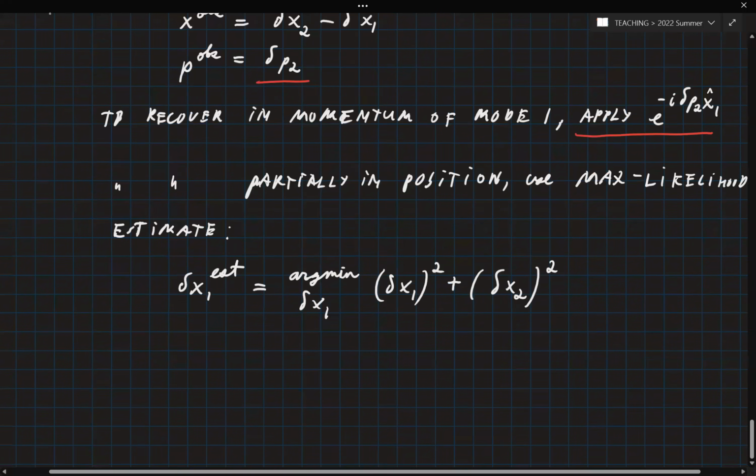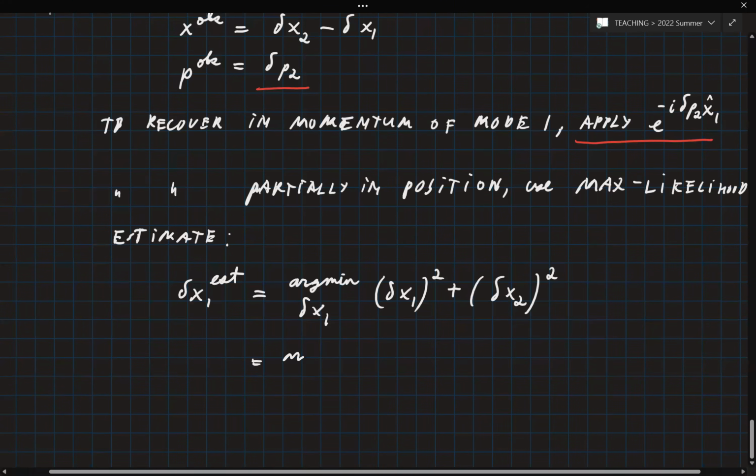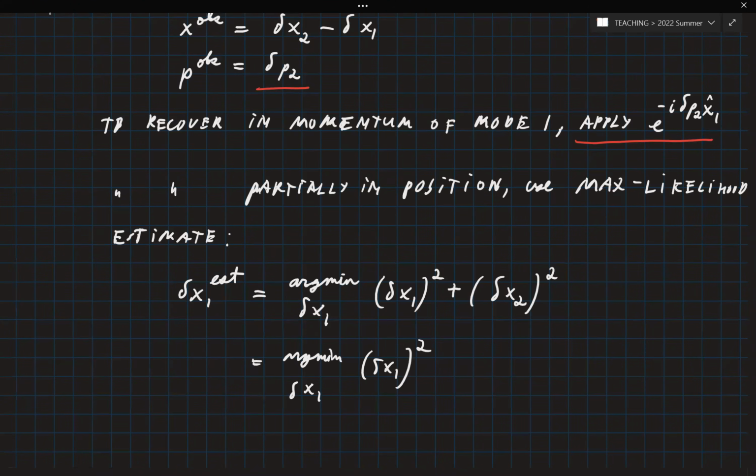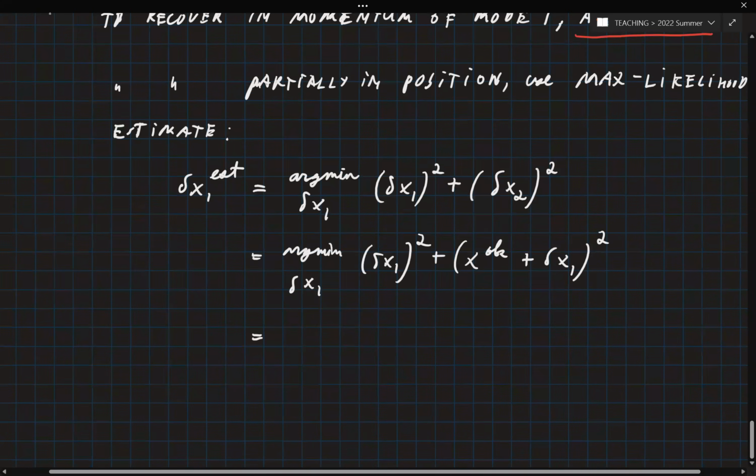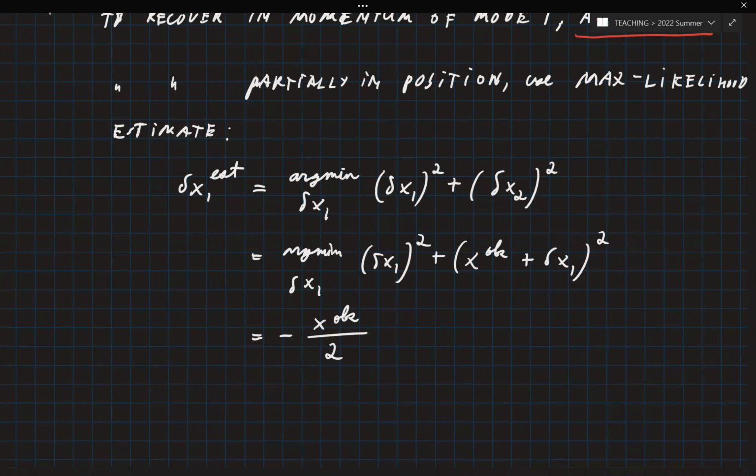And now using our knowledge of delta x2, this is just x observed plus our unknown delta x1. And if we do this optimization, we get x observed over 2 times the minus as the estimate of what is the best or the maximum likelihood correction, or maximum likelihood decoding, we need to apply to mode 1.